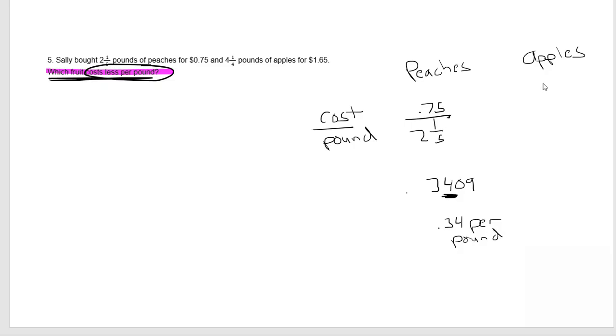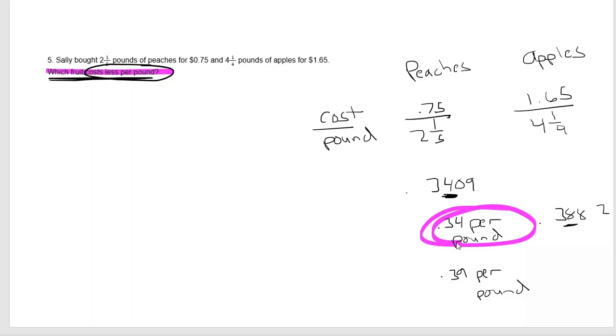And then for the apples, we're going to take the cost, $1.65, and we are going to divide by the pounds. So $1.65 divided by 4 1/4 gives us 0.3882. We're going to round to the hundredths, so that is 0.39 dollars per pound, which means that in answer to this question right here, it would be the peaches.